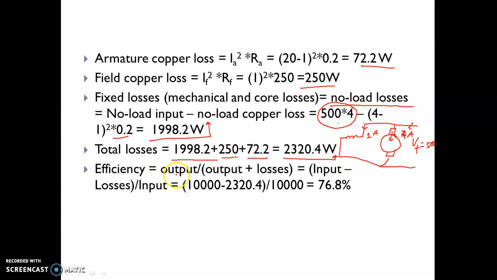Now efficiency we can find. Efficiency equals output by input, and input is also written as output plus losses.